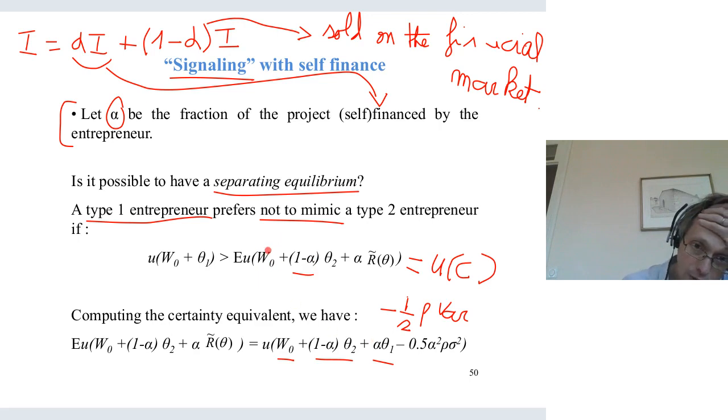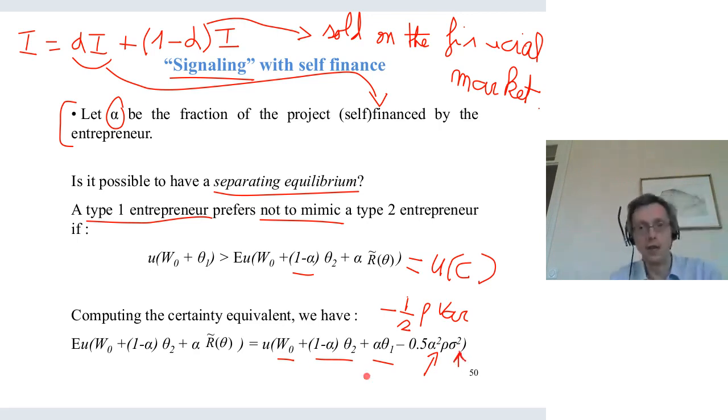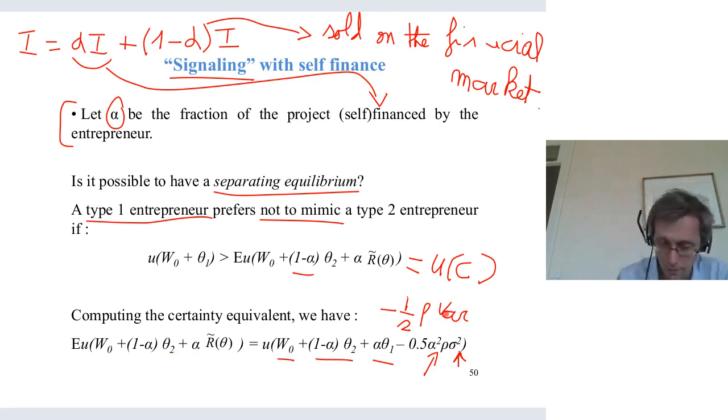What is the variance? The first two terms disappear because they are just constant. The last term is a random variable, but alpha is a constant. So when you put alpha out of the variance, don't forget to put the square of alpha. So you've got alpha squared times the variance of r tilde, which is still sigma squared, and then you obtain this expression.